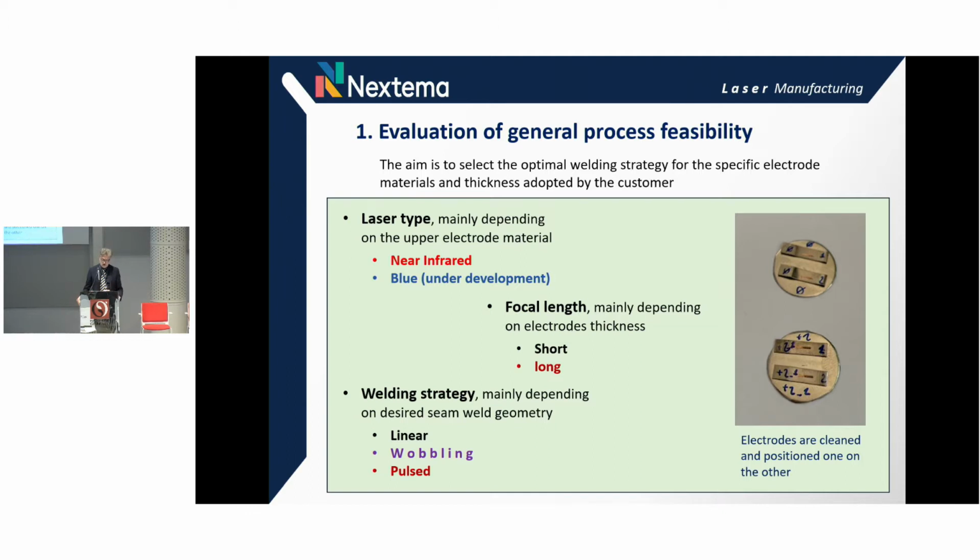Here on the other side is a clear figure of very simple elements that we may use, in this case for a cylindrical cell, in order to have samples that clearly represent the ideal condition of a weld.